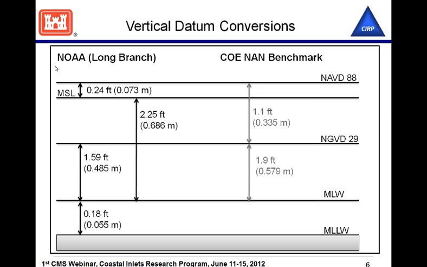And so we have some information that came from the NOAA benchmark sheets, which I've included over here on the left. And then the Corps of Engineers in New York gave us a separate one for the relationship for a given location. That's not Long Branch. But this is the information that we had for going between mean low water and NAVD88. So we use a combination of these two to develop the different relationships from going from one to the other.